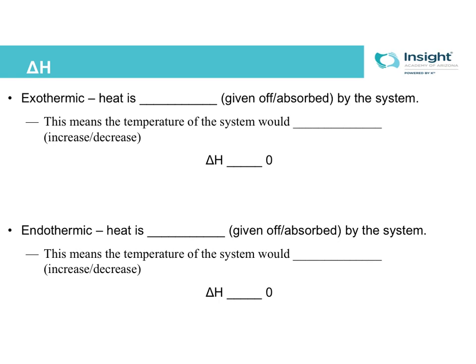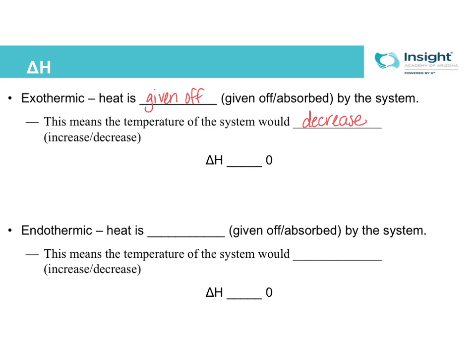All right, what is that term? We always define this in terms of the system. Exo sounds like exit. All right, so heat is given off by the system. So that means if it's giving heat away, the temperature of our system is going to decrease.